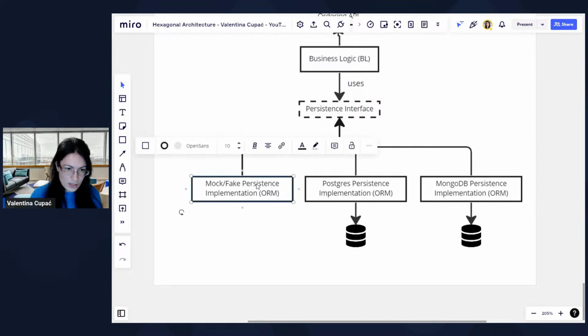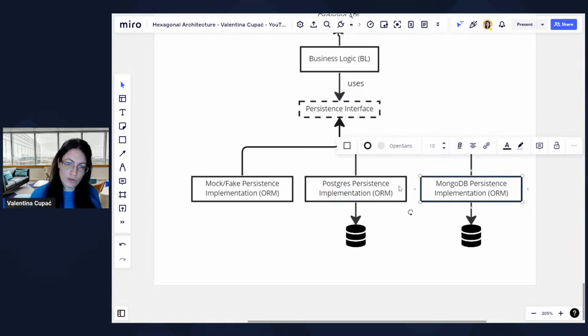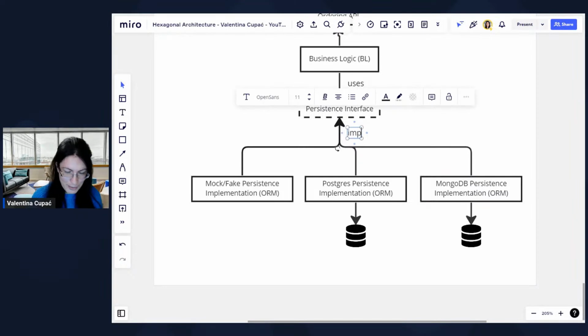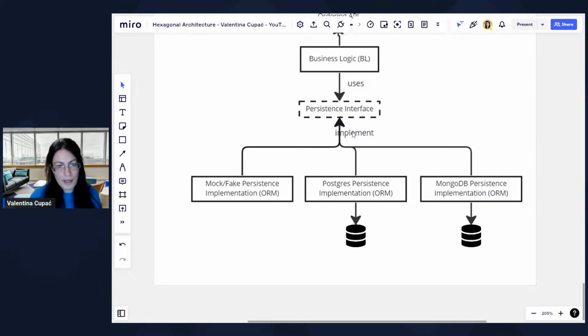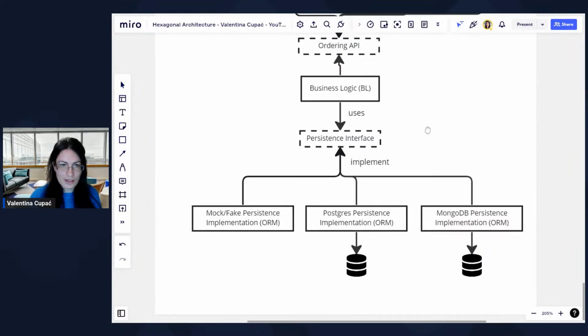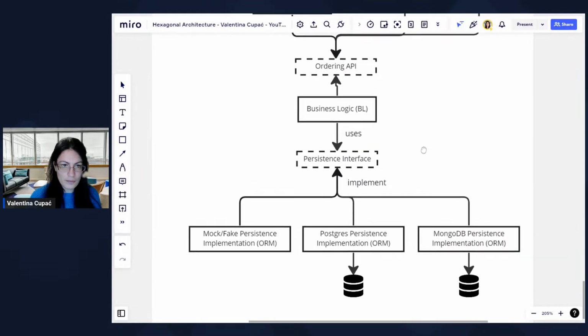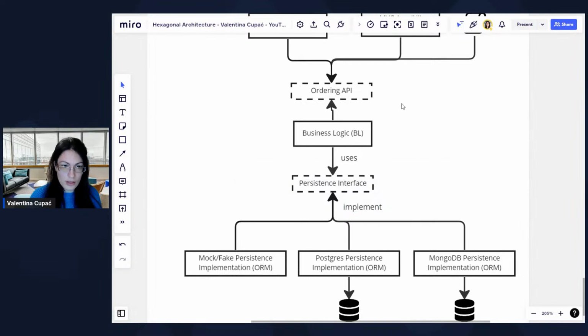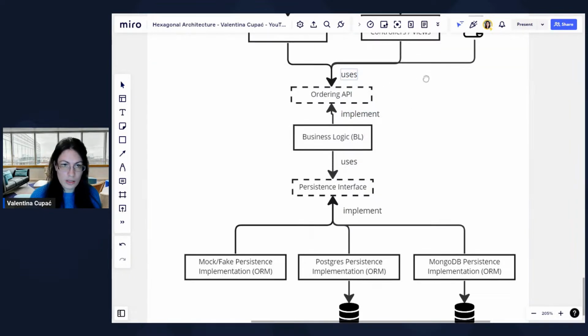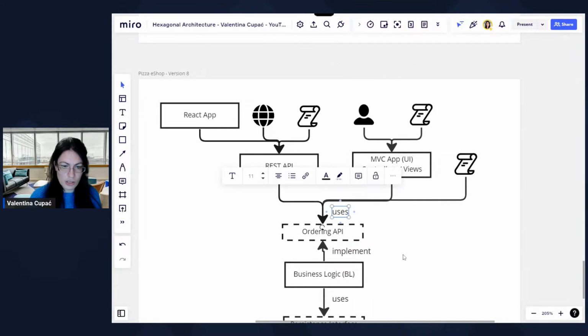Whereas these others, like the mock, fake persistence implementation, or Postgres implementation, or MongoDB implementation, we could say they implement the interface. So we're reading a bit in reverse. They implement the interface. And here I'd also want to say that somewhere with business logic, we're implementing the order API, whereas the users, the presentation, is using the REST API.